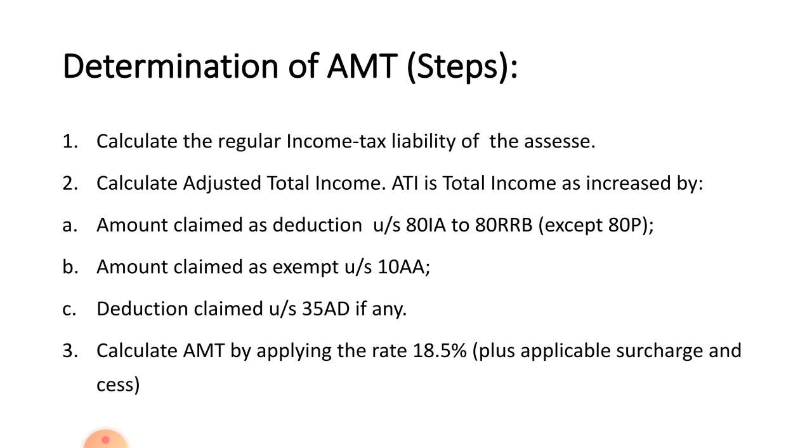The first step is you have to calculate the regular income tax liability of the assessee, that is calculation of regular income tax liability at the rate of 30% of total income plus education cess of 4% plus surcharge if any. That is the first step, calculation of regular income tax liability at the rate of 30% of total income.